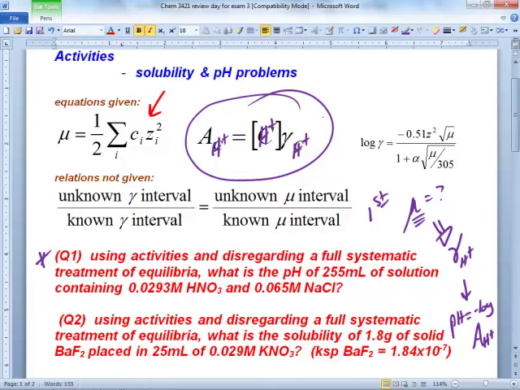But you can always use this equation if you want. Always. But when it's 1-to-1, think of it: H is that concentration, nitrate's that concentration, add them up, divide by 2, that's what this thing is saying. So you get the same thing again.